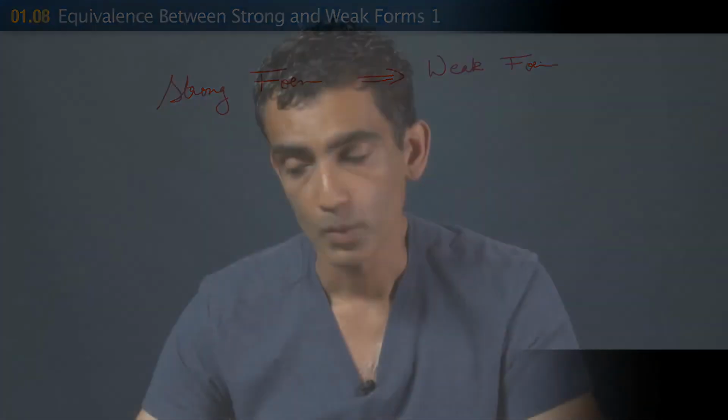Okay, so what we demonstrated in the segment before this is that the strong form implies the weak form. And we did this by starting out with the strong form, multiplying it by the weighting function, and integrating by parts. What we've done here is start out with the weak form, pose certain arguments, make the observation that since the weak form holds for all weighting functions W belonging to the space V, it also holds for certain specific forms, right?